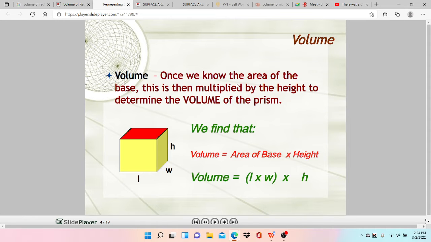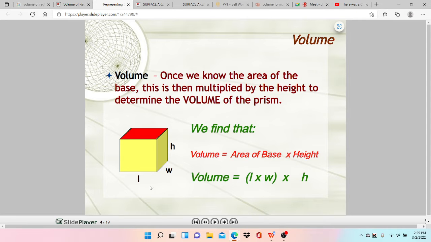Once we know the area of the base, this is then multiplied by the height to determine the volume of the prism. Okay, 2 points for nut boy. Once we know the area of the base, this is then multiplied by height to determine the volume of the prism.